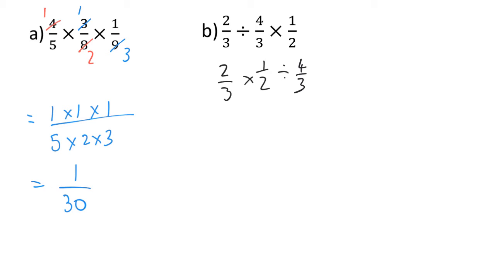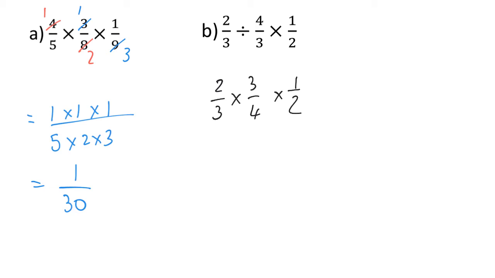But if we leave it as it was, then what we need to do first of all is replace the divide with a multiply. So it's going to be 2/3 multiply, but whenever we're dividing by a fraction, we need to turn it upside down. So it's going to be 3/4, and then multiplied by a half.